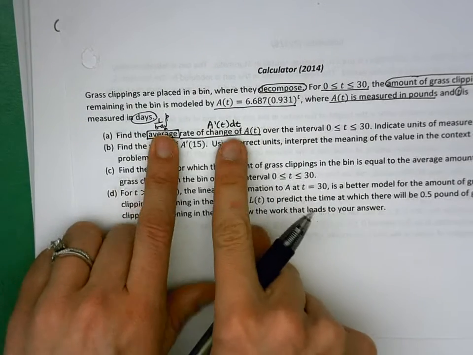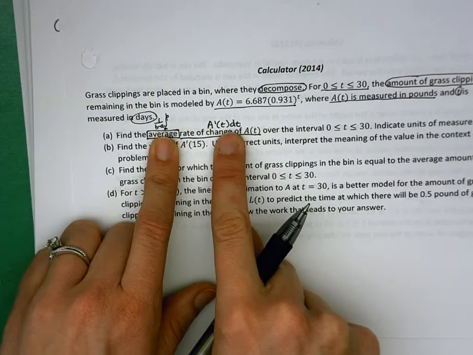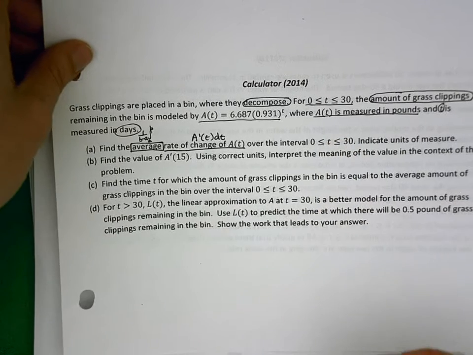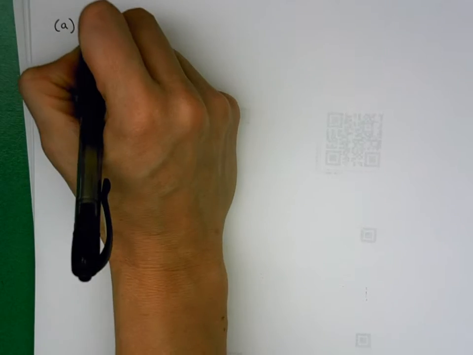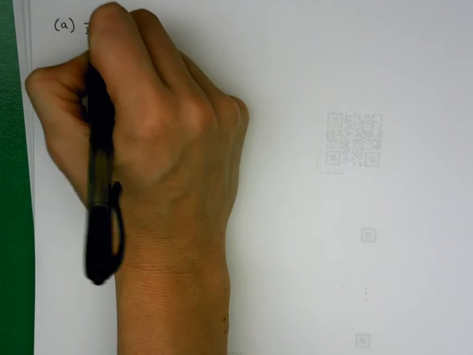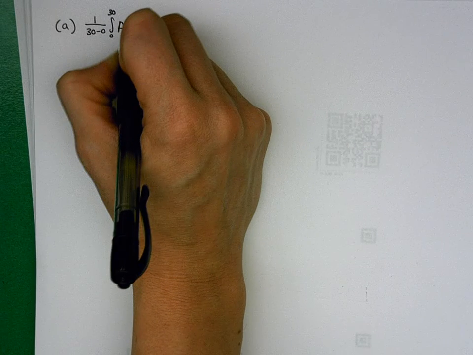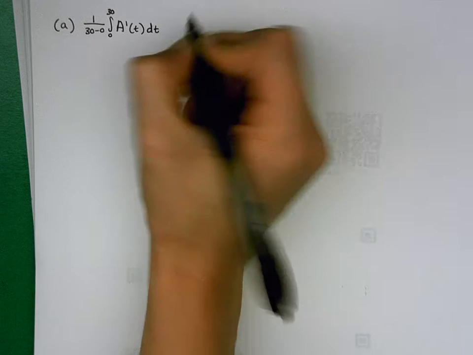And so that is the setup of my average rate of change, b and a being 0 and 30. So I'm going to have 1 over b minus a times the integral from a to b of the rate of change of A.